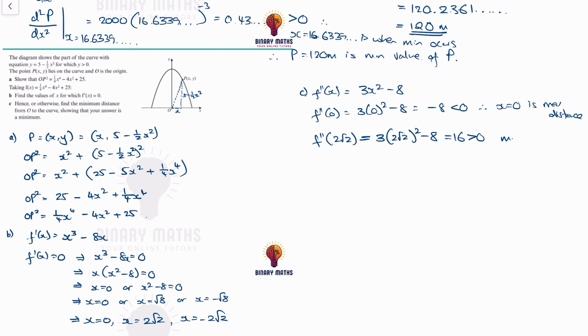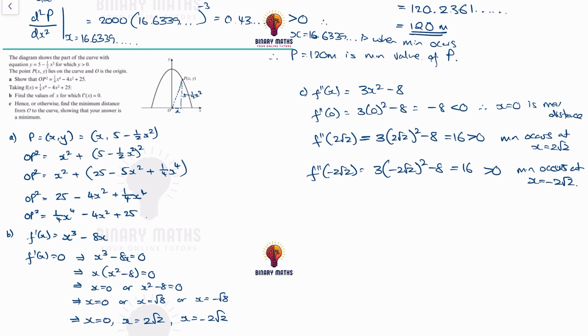So minimum occurs at x equals 2 root 2. F double dash of negative 2 root 2 is equal to 3 times negative 2 root 2 squared, take away 8, which is still 16, which is greater than 0. Therefore, minimum also occurs at x equals negative 2 root 2.